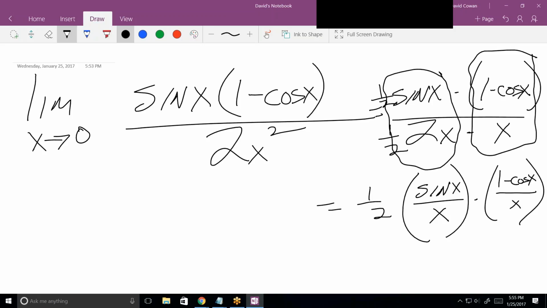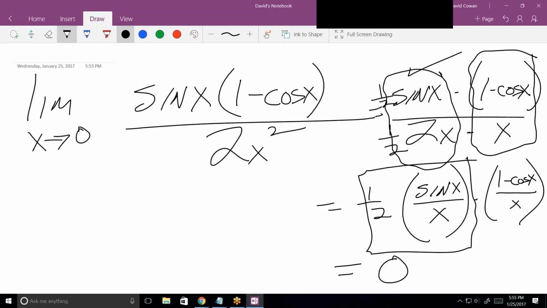So I know this goes to 1. So this whole thing goes to 1/2, but since this goes to 0, the whole thing has to go to 0, and I really don't need to do that part of it.